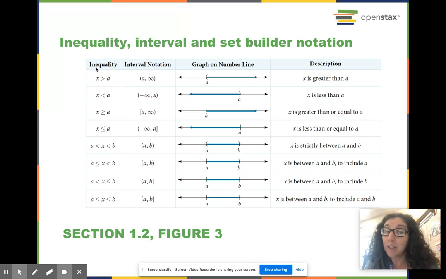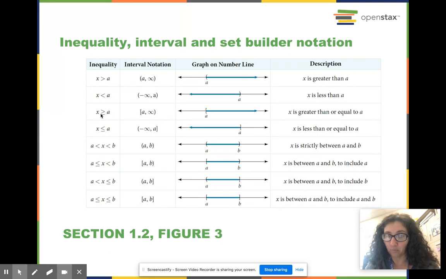So the first should be familiar to you, right? Inequalities. Here we just have x is greater than A or x is less than A. X is greater than or equal to A or less than or equal to A. Just a greater than or less than sign is associated with just a curved bracket on the number line.